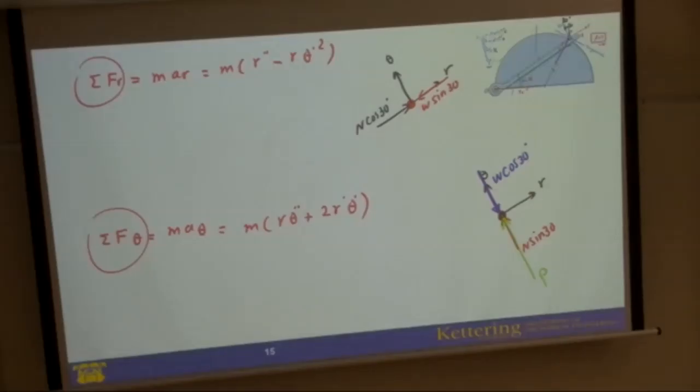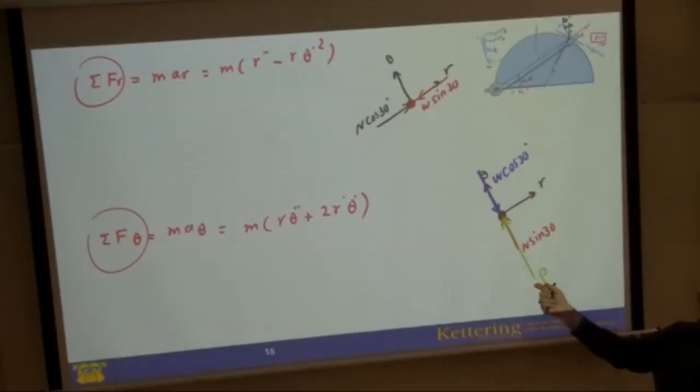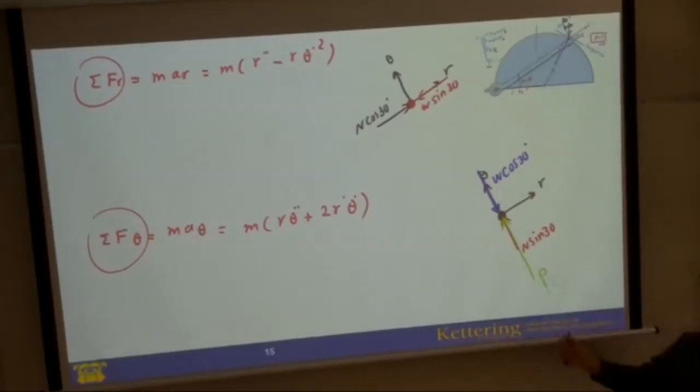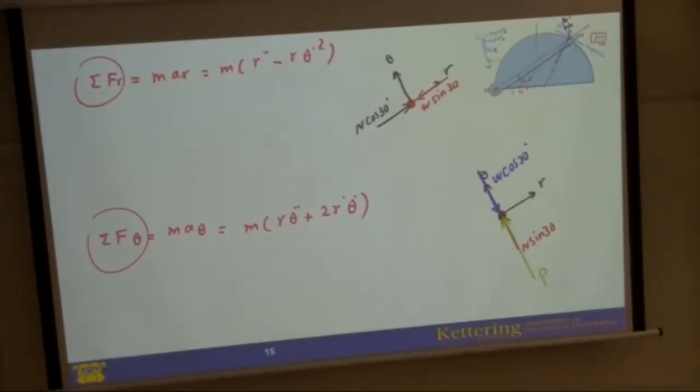These are three forces along the theta. Two forces along the R, three forces along the theta. Why? You will see that this one is an extra, while P is only in the theta direction.